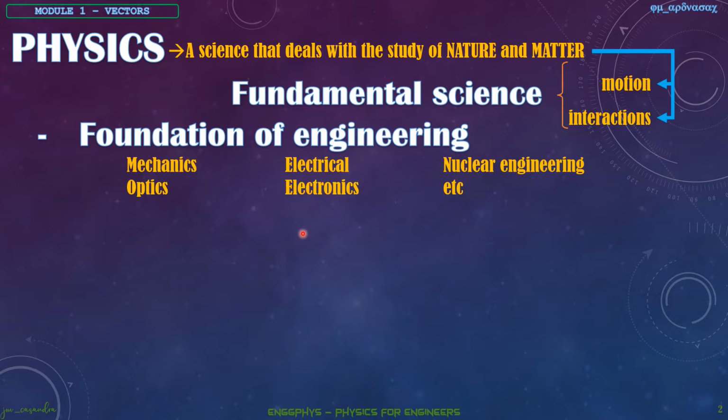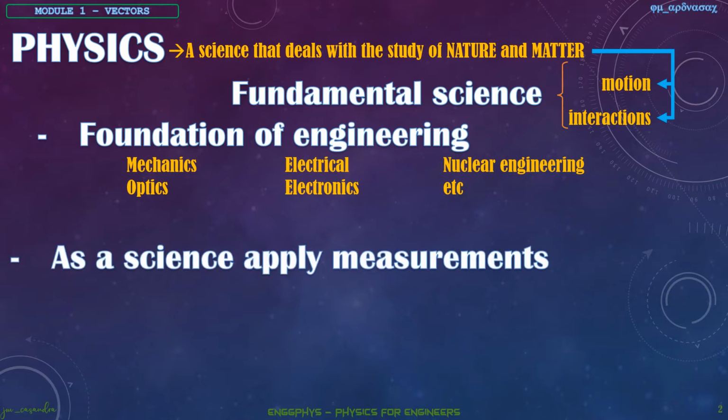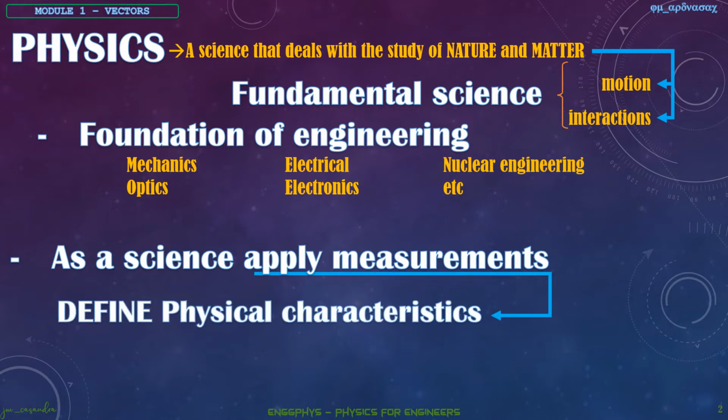Since we have said that physics is a science, we apply measurements, or we always measure what we study in physics. These measurements always define the physical characteristics of the matter or of the object.